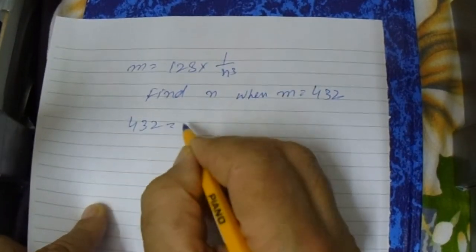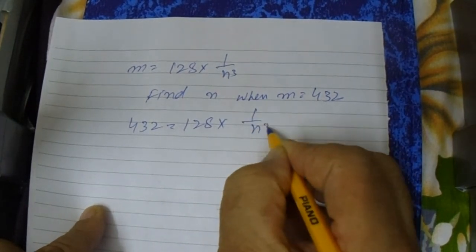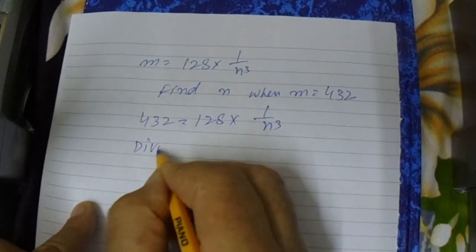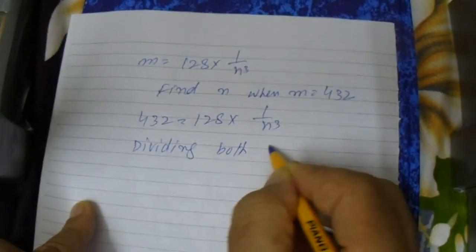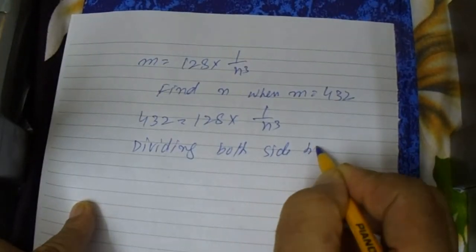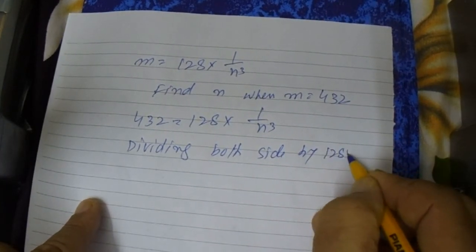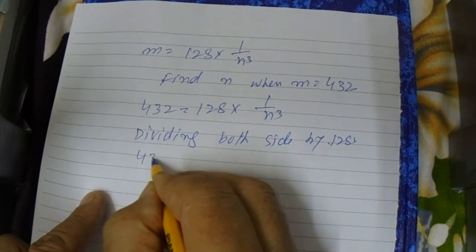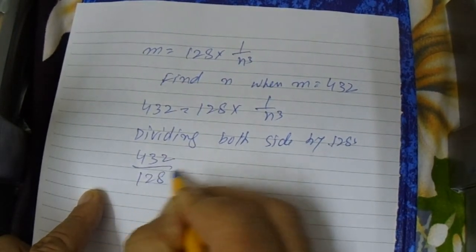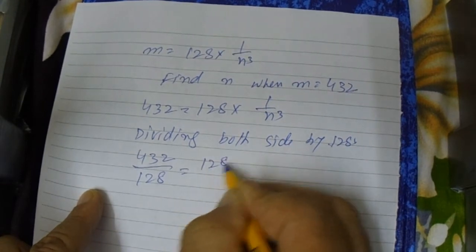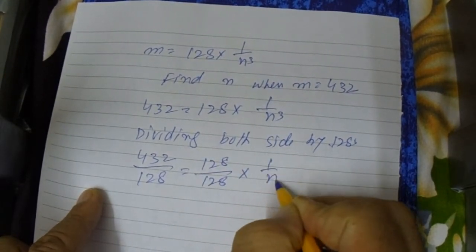Put the value here: 432 is equal to 128 multiplied by 1 over n cube. Dividing both sides by 128, 432 over 128 is equal to 128 over 128 multiplied by 1 over n cube.